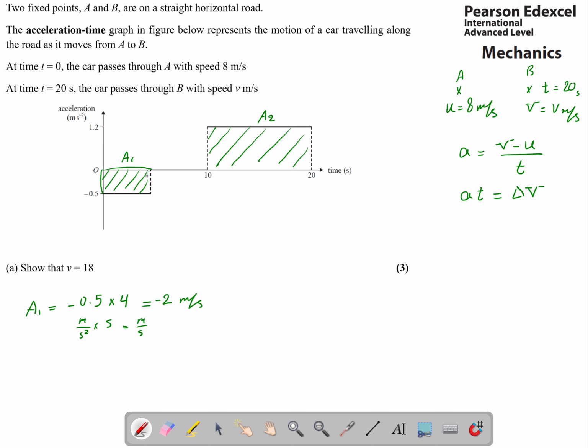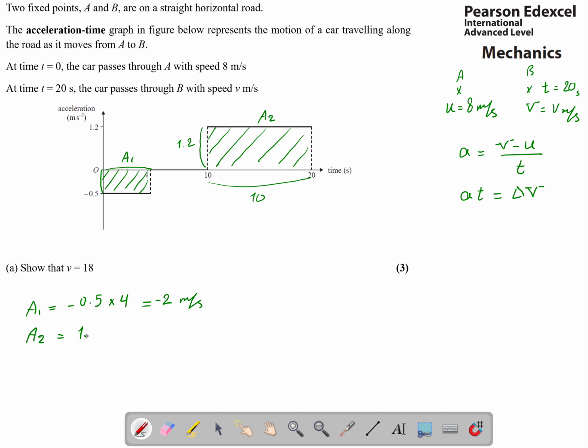And A2, in this part we don't need this part. Area 2 equals, so this length of the rectangle is 1.2, and this length is 20 minus 10 equals 10.